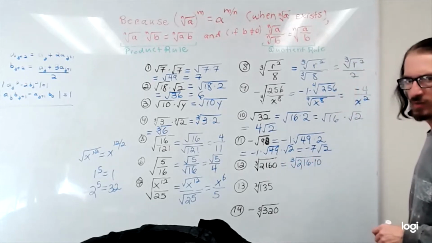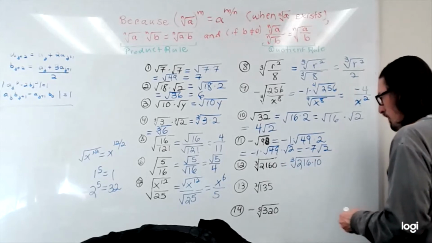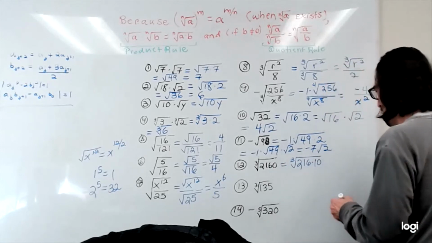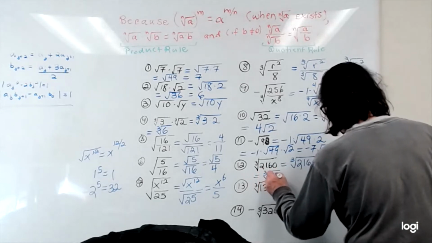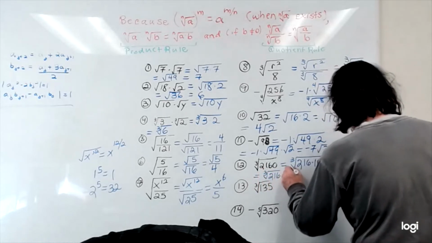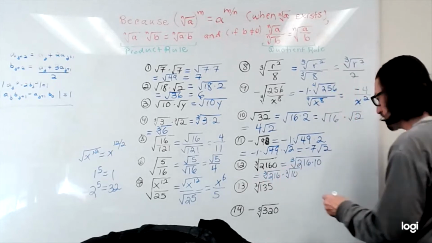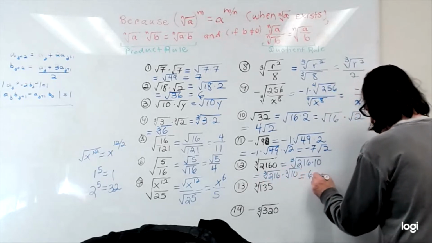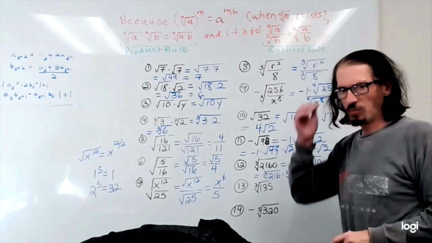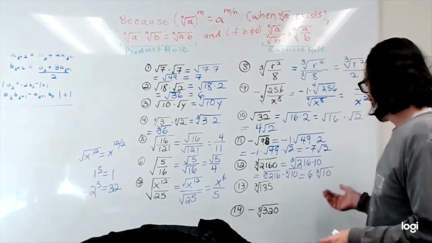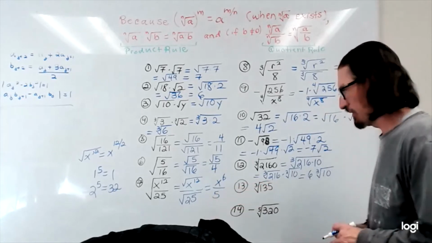That's 216 times 10, still all underneath a single cube root, and then split up into individual cube roots. Cube root of 216 is 6. Cube root of 10, there's no perfect cube that is a factor of 10 besides 1. That's not gonna help us break things down any.